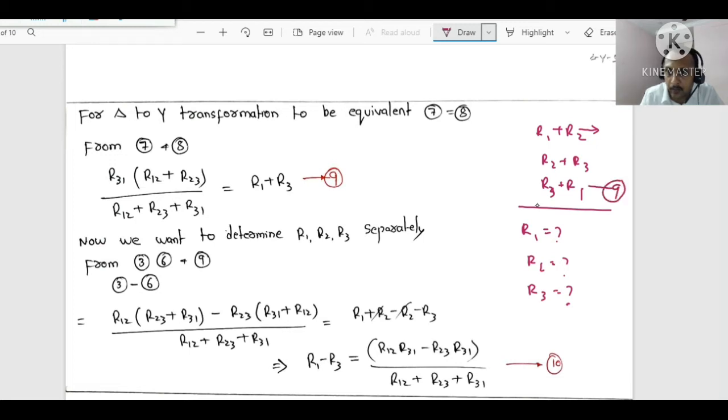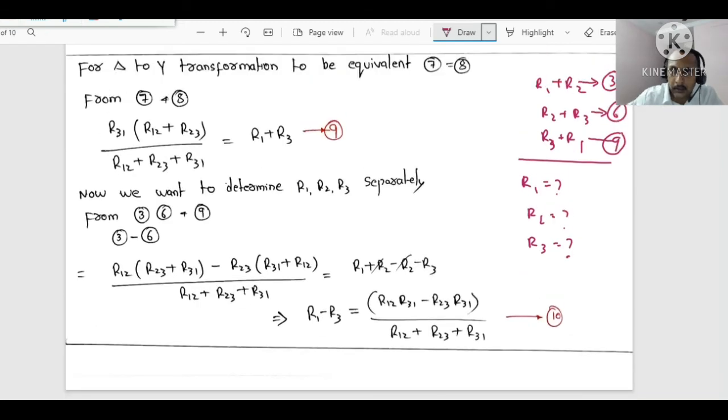And in terms of 2 and 3 we have given number 6. Now in the first step, 3 minus 6: R1 plus R2 minus R2 minus R3. R2, R2 cancel. Now we will get R1 minus R3.